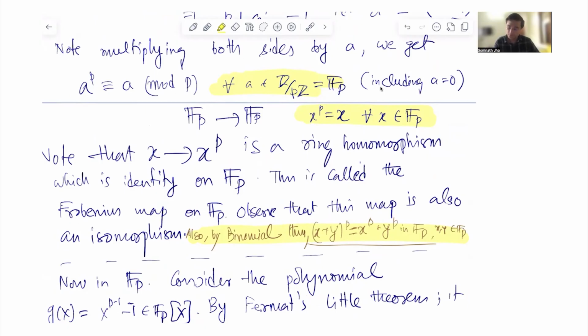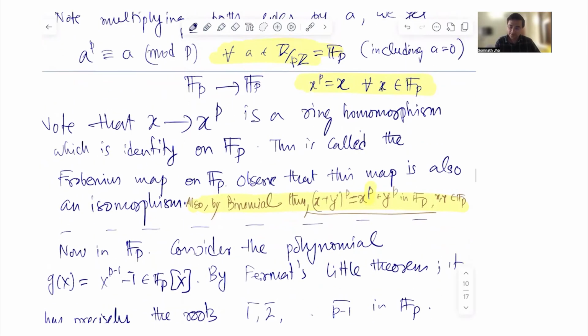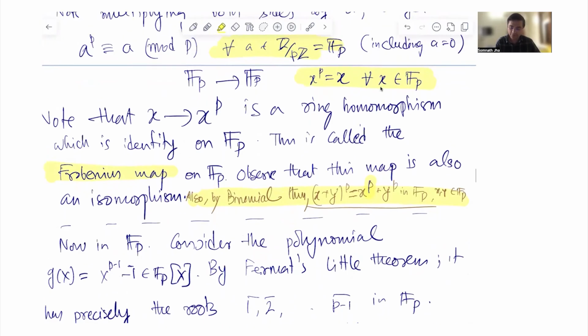So you get x to the power p plus y to the power p equal to (x plus y) to the power p modulo p. For modulo p, (x plus y) to the power p is always x to the power p plus y to the power p. So that means x going to x to the power p is a ring homomorphism. You can check directly. This map is called the Frobenius map. This map has a name: x going to x to the power p is called the Frobenius. We'll use this map later, so I'm introducing it.